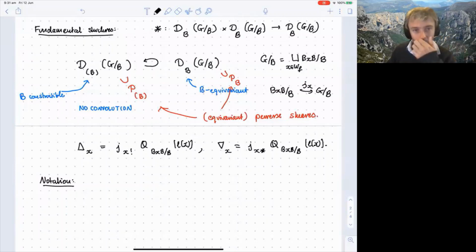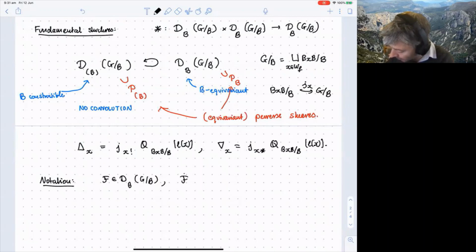So I just want to employ the following notation: if we take G/B inside here, I want to denote by F dot the forgetful, forget equivariance.